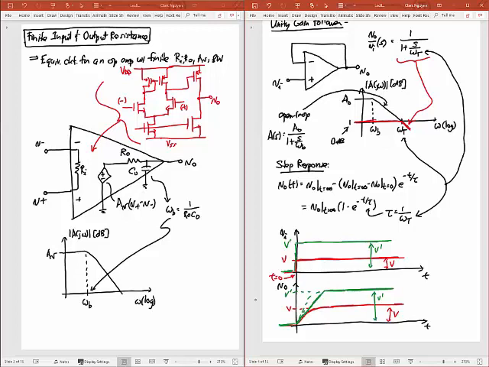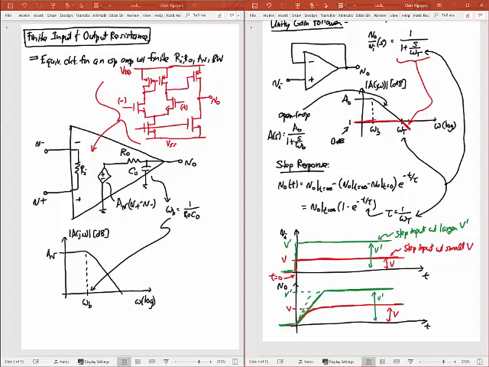So two different cases here. I have step inputs for both. This is a step input with a small amplitude V, and this is a step input with a larger amplitude V prime.